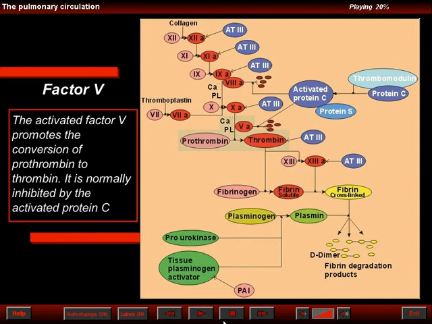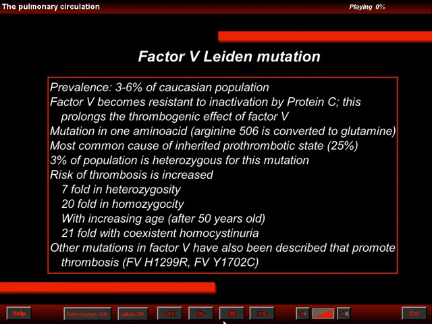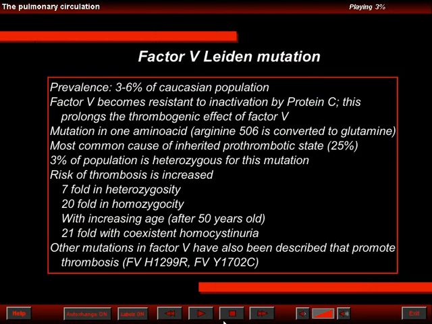The activated factor V promotes the conversion of prothrombin to thrombin. It is normally inhibited by the activated protein C. Factor V Leiden mutation. The prevalence is 3 to 6% of the Caucasian population.